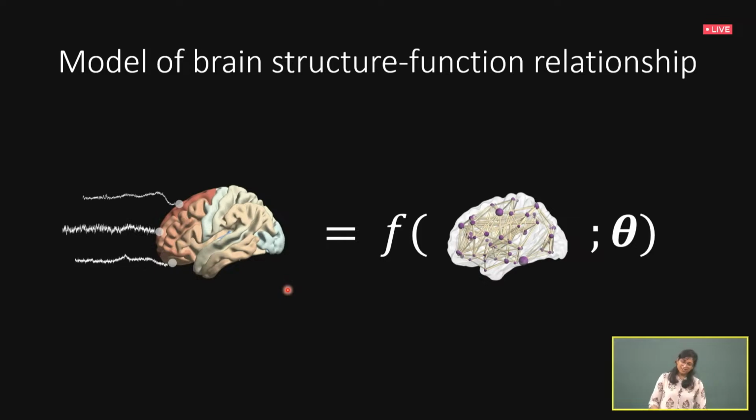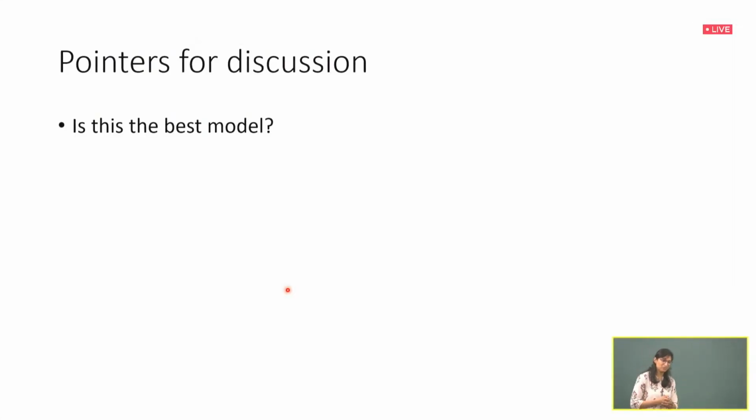Of course, I showed you one model today, but is this the best model? I am going to end this talk with some pointers for discussions. No, it is not. There are various models available, and it really depends on your use case, what you are trying to capture, at what scale, and what is most important for the application that you are working with.